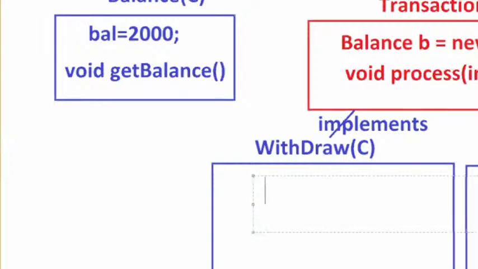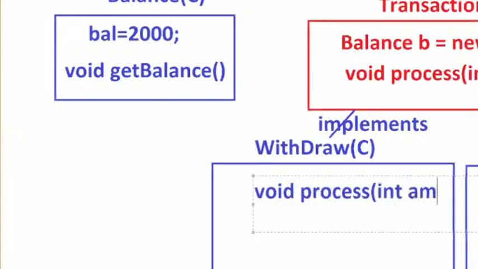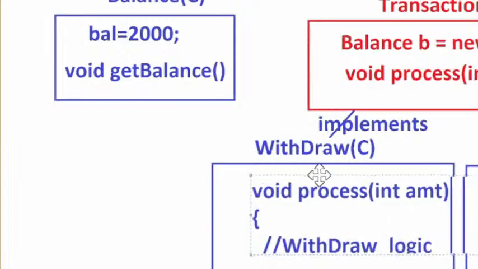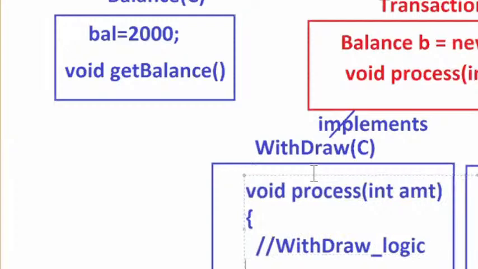We have to take that abstract method and construct the body. Here it must be withdrawal logic. Here, take that process method, void process of int amount.